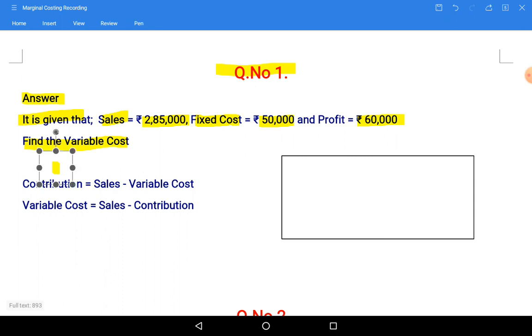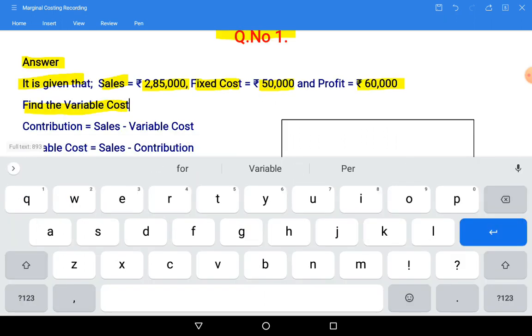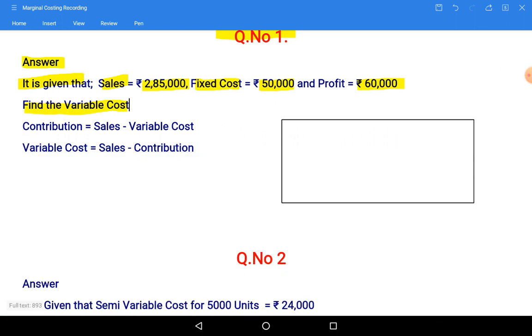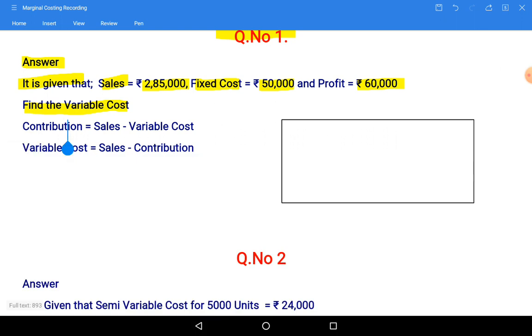We know variable cost can be found through a formula. Just now I said contribution is equal to sales minus variable cost.